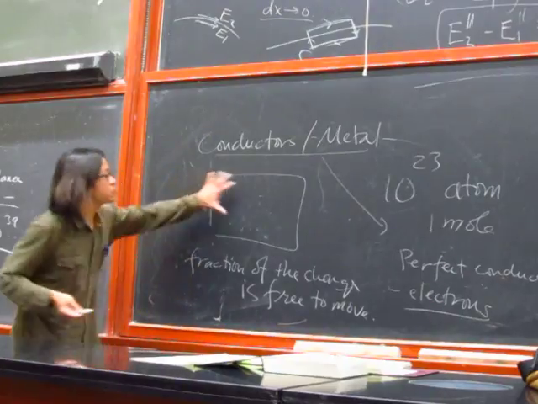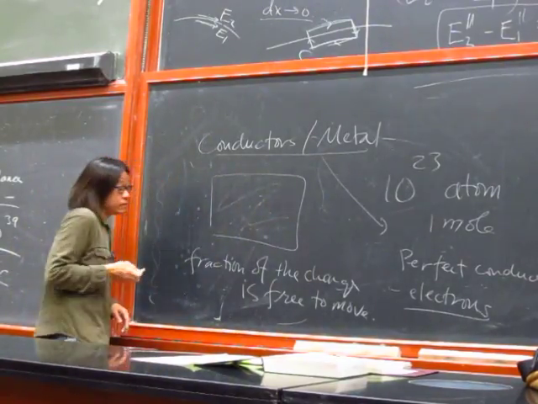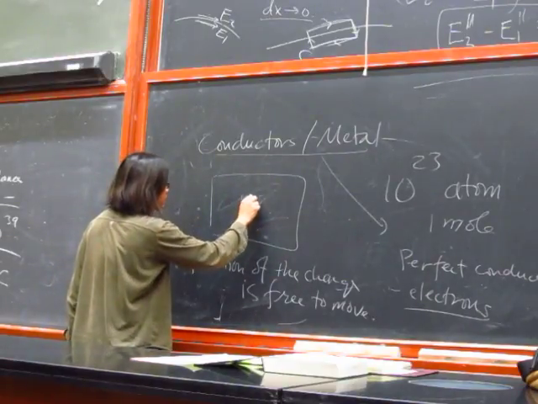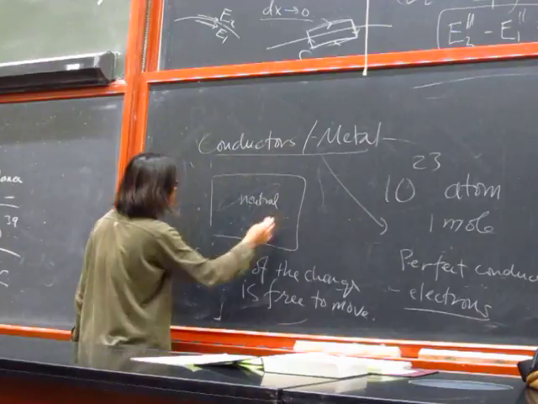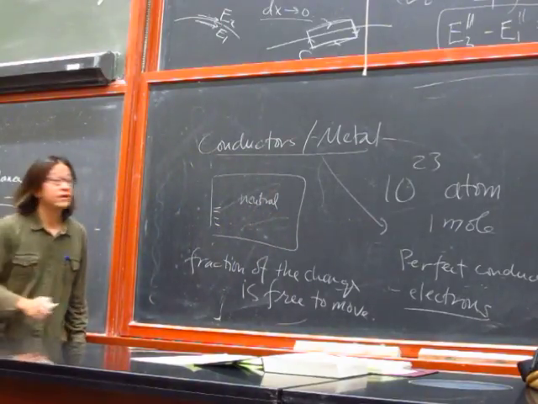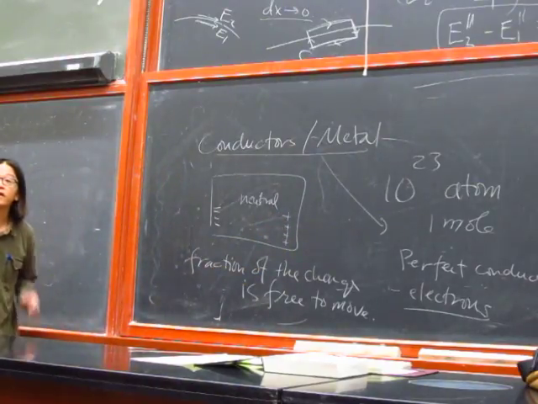Okay? So it's possible to polarize this. If I have a neutral piece of metal, it's possible to pull all the electrons to one side, leaving you with positive charges over here.